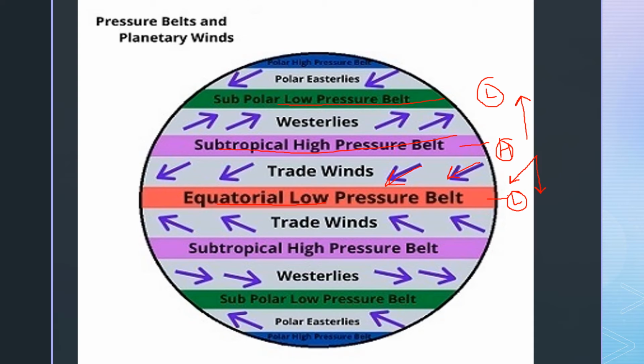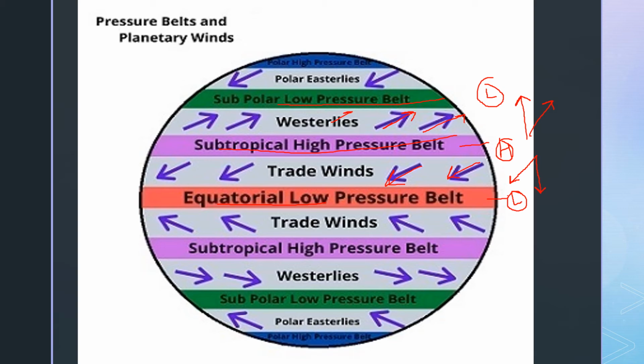Now the Coriolis force: according to the Coriolis force, the wind would get deflected towards its right. We need to look from the direction of the wind and then deflect it to its right. So that's how all the winds in this region are deflected to their right.